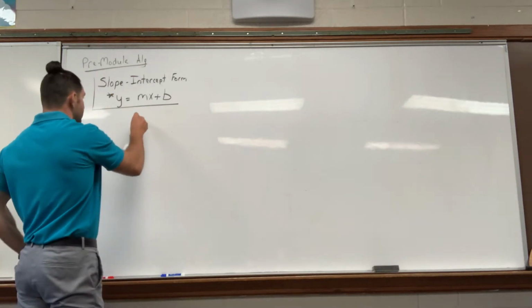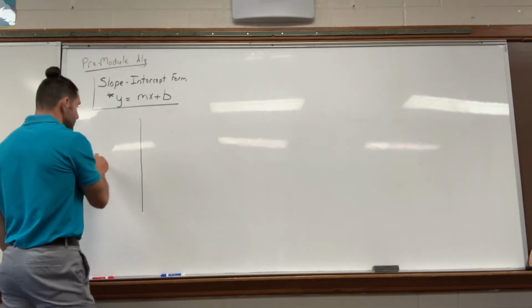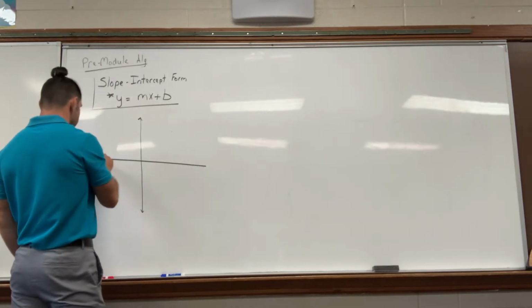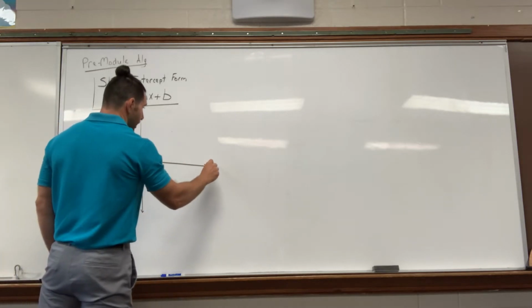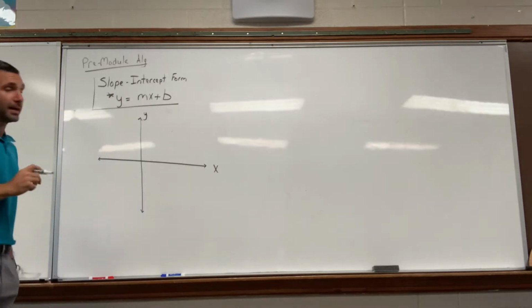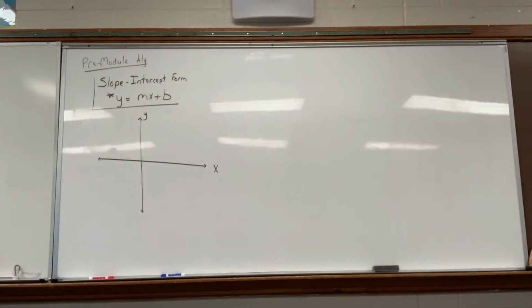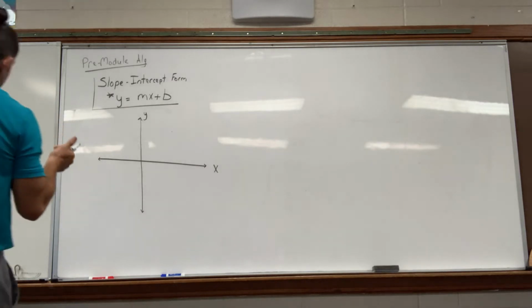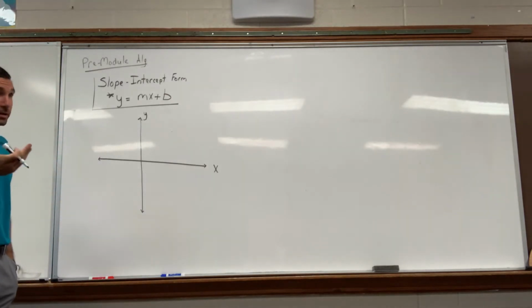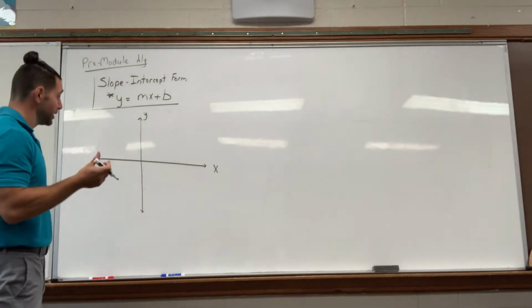So you have graphed on this coordinate plane before, where you have an x-axis and you have a y-axis. The name itself leads us to everything that we need to know about this equation. We're going to have two things. We're going to have the slope, we're going to have an intercept, and that's what we're going to have for this equation.